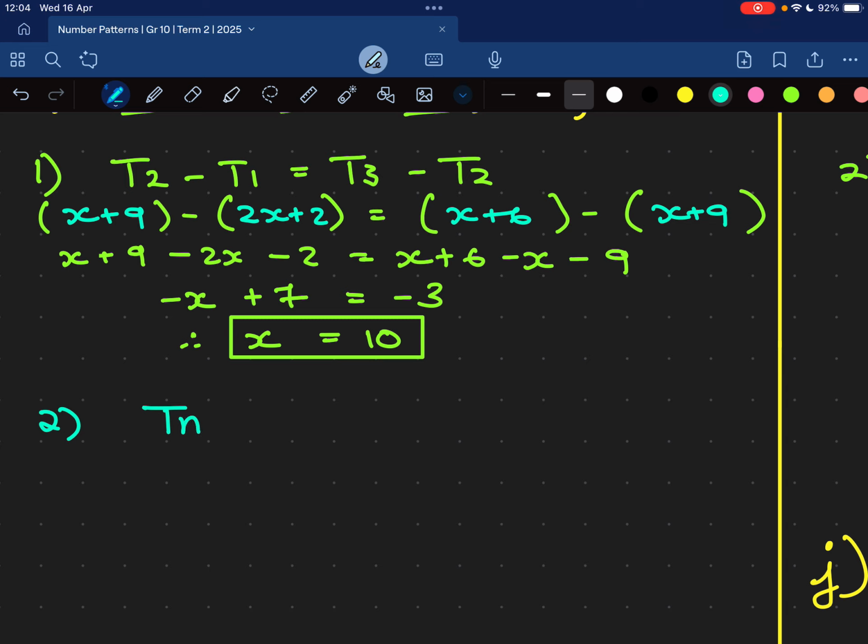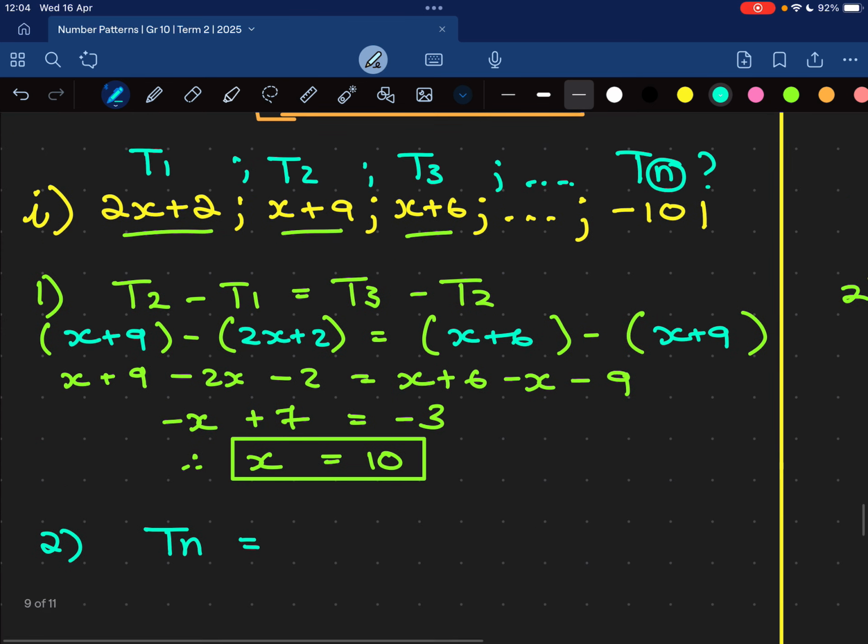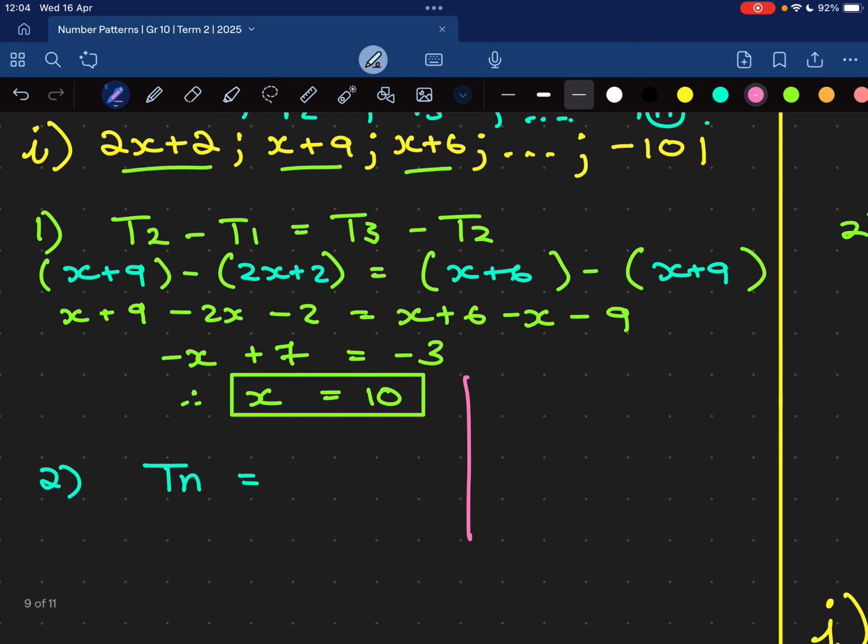Okay, so Tn is going to be equal to, now this was something that you had to figure out by first substituting x in the place that it is in the sequence. So your terms, if you did that, would have been 22, 19, 16, up until negative 101.